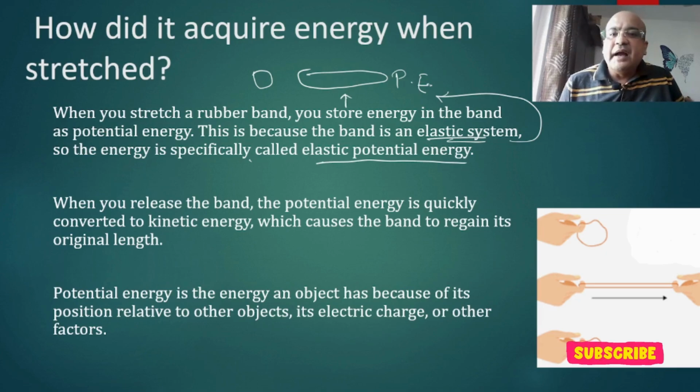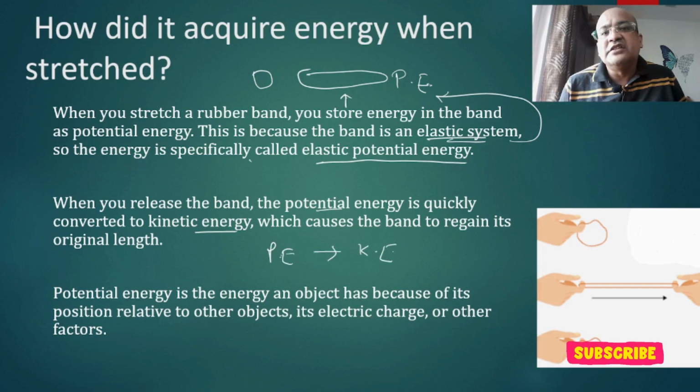When you release the band, what happens? The potential energy is quickly converted into kinetic energy. So the conversion of potential energy into kinetic energy is there, which causes the band to regain its original length.